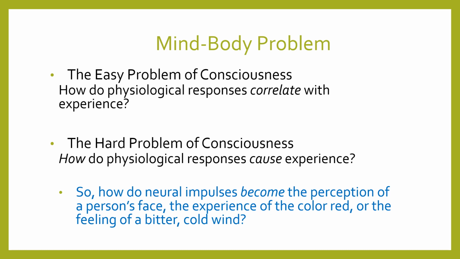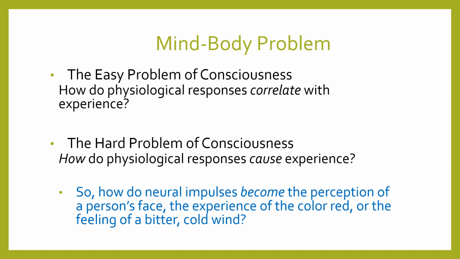So this is the hard problem of consciousness that we're talking about, where the easy problem of consciousness is how do physiological responses correlate with experience? When we look at something like that fMRI study, we can see, hey, here's this correlation. They shine a light in this red area, we see the visual cortex activate in these regions, and so we see that relationship, that correlation.